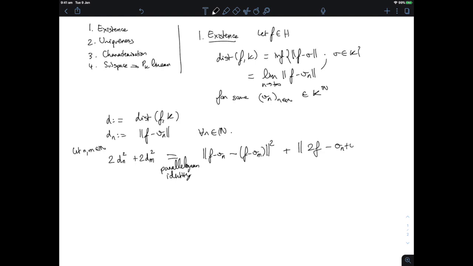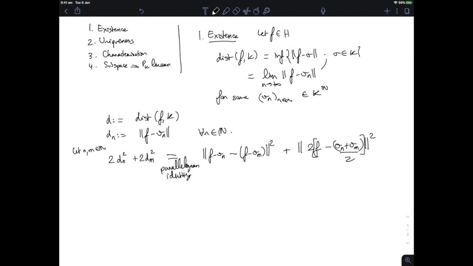And I want to show that vn is a Cauchy sequence, plus the sum of the two, which is the norm squared of 2f minus vn plus vm. Now, that's where I want to use convexity. I look at vn plus vm. That's not necessarily an element of K, because K is not necessarily a subspace. But if I factor out the 2 here, then vn plus vm divided by 2 will be an element of K by convexity.